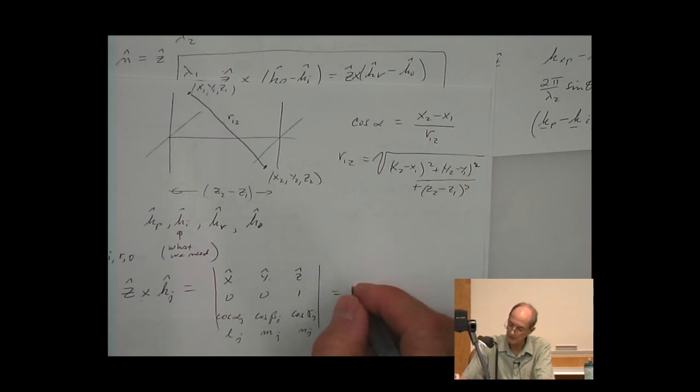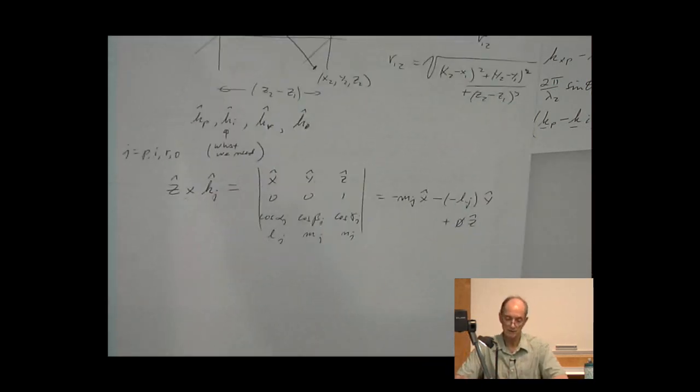So we end up with something that looks like minus mj in the x direction, minus a minus lj in the y direction, and then a 0 in the z direction. When we do that cross, since we're crossing it with z, the component that's along that direction falls out.